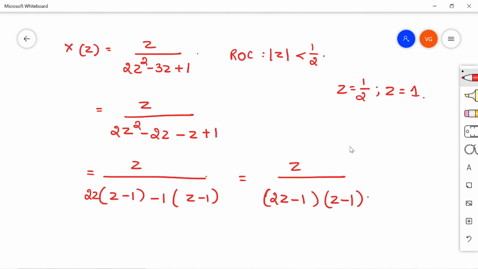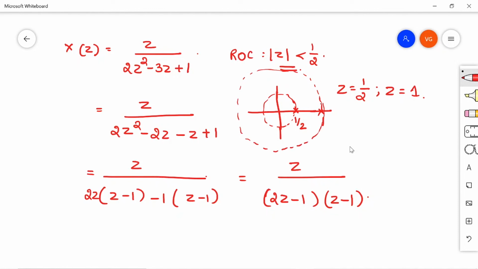As they have given, the ROC is mod z less than half. So let us draw that first. This is at z is equal to 1 by 2 and z is equal to 1. Means I have two circles at two poles. But the given ROC is mod z less than 1 by 2.